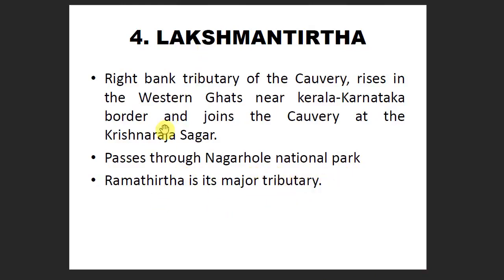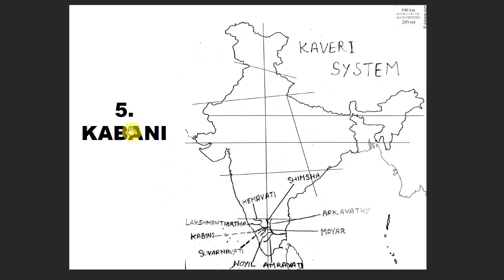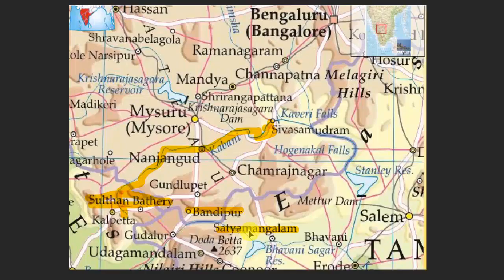We can know because 2 brothers, so the river joins. The Kabani river, south of the LakshmanTirtha river, and Kabani river is the river which originates within the Kerala region. So somewhere around the Wayanad region, the Kabani river originates near the Wayanad Wildlife Sanctuary.